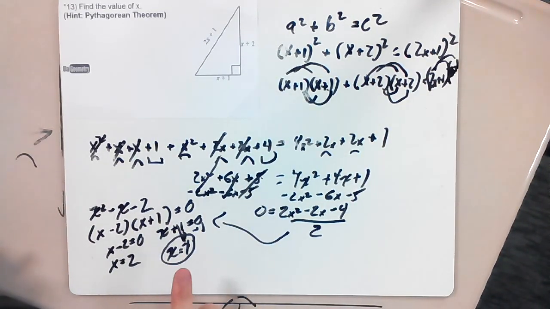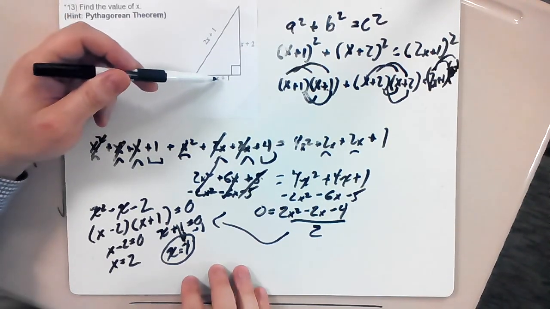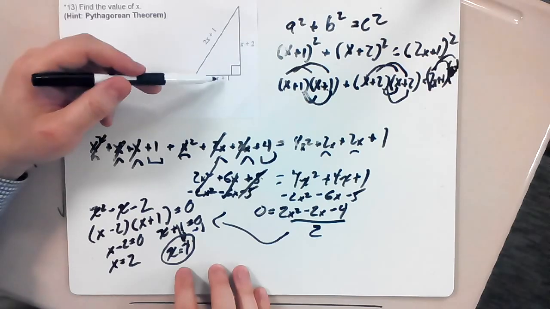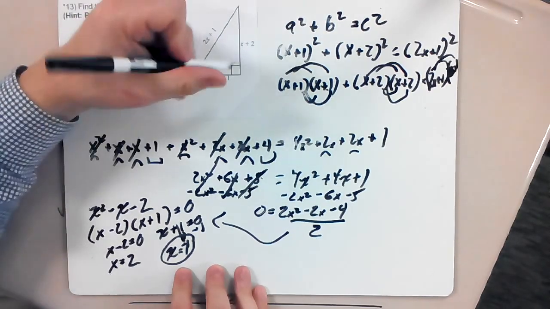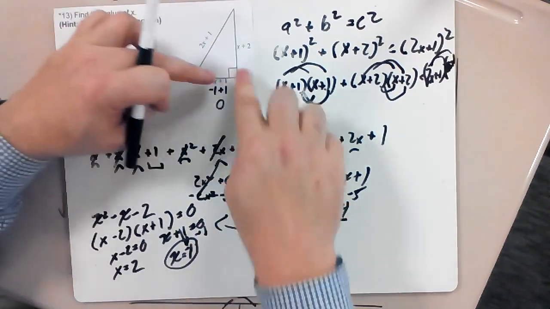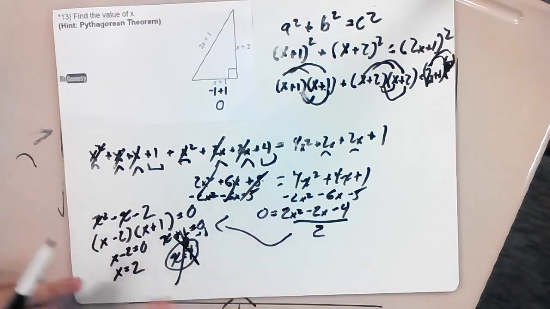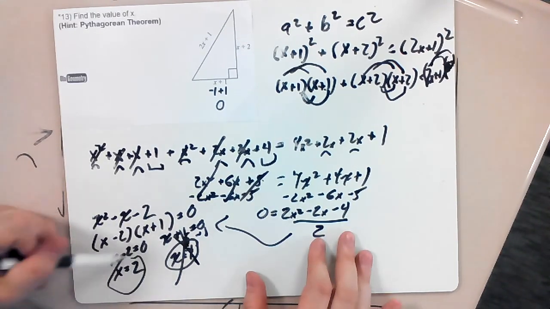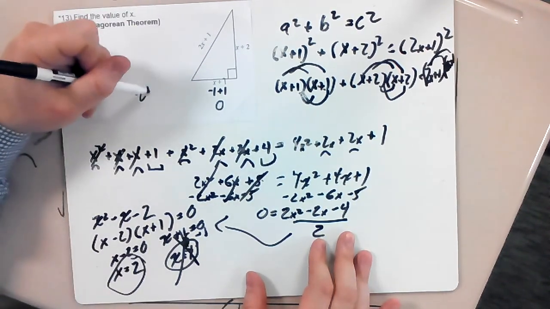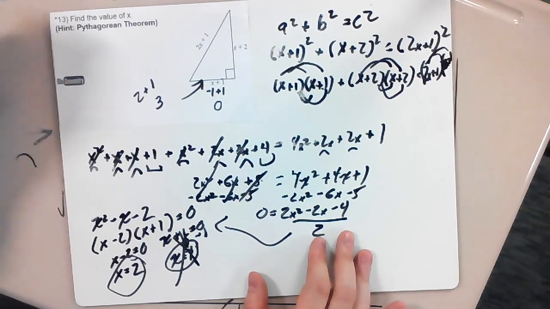Since that's negative 1, we can't have that value of x because that's going to make this a negative side. If I put negative 1 in here, I'm going to get 0. That's impossible. This is a physical length, right? We can't have that. So this crosses out. This has to be our answer because when I plug that in, if I go 2 plus 1, I get 3. So that's a length for that leg that's possible.